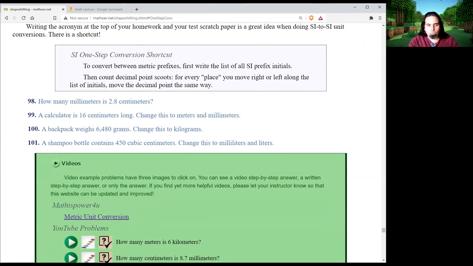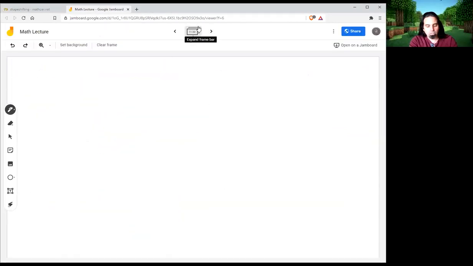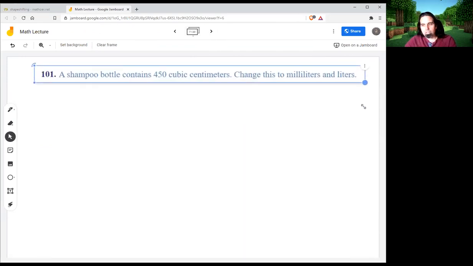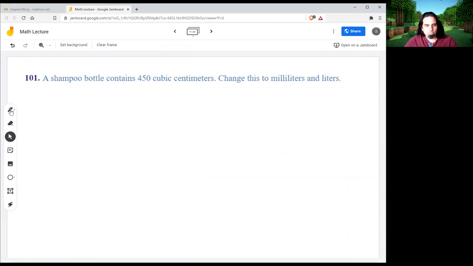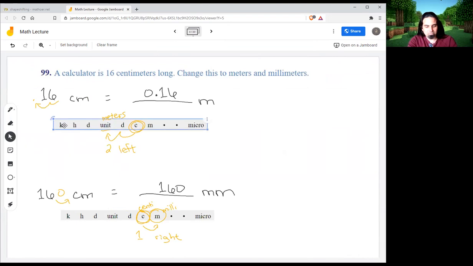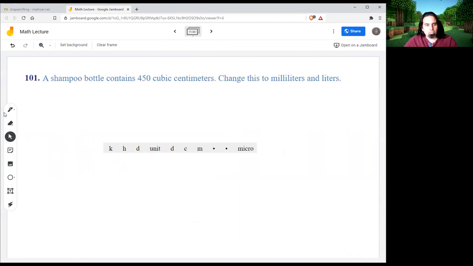Okay, one more just to see if you were awake when I did my history lesson. Since it's the end of the day, if you're not, no one will blame you, but we will check anyway. So first we are doing 450 cubic centimeters is how many milliliters, and the L is capitalized in this case.